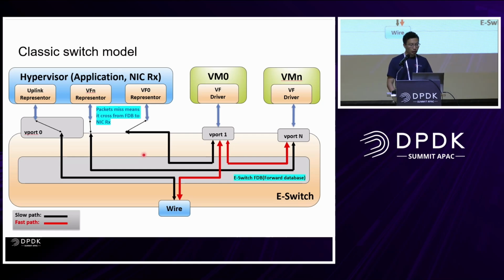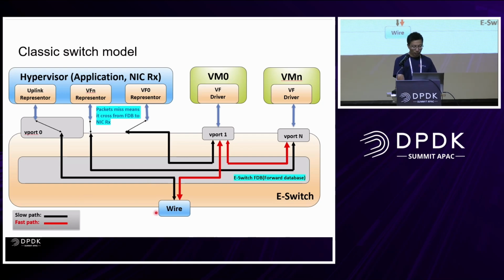Typically in DPDK, if you are using the switch model, let's focus on the black bold line and the red bold line.